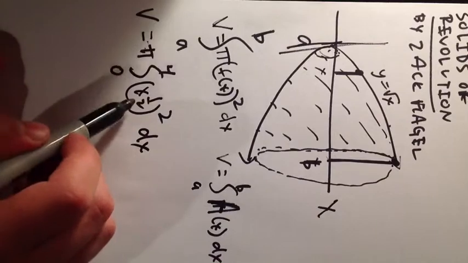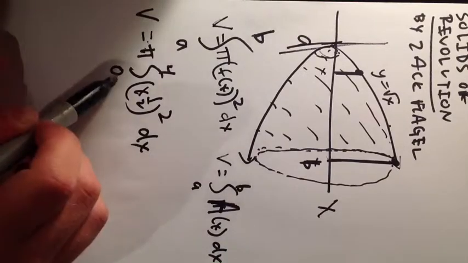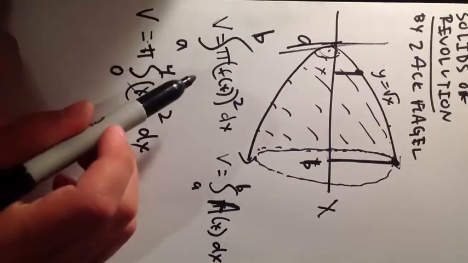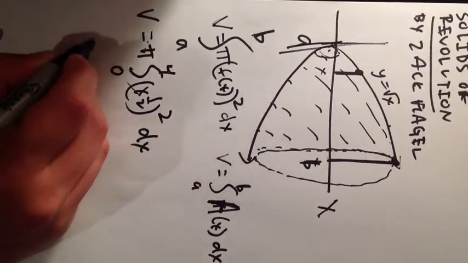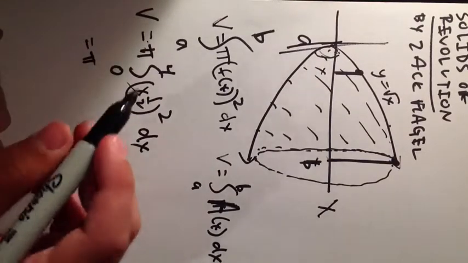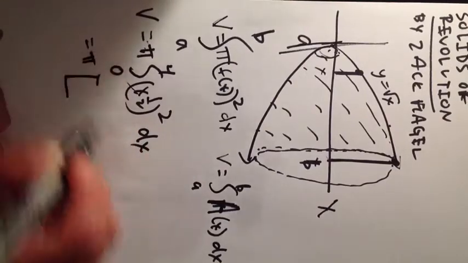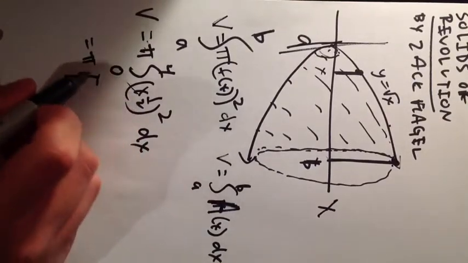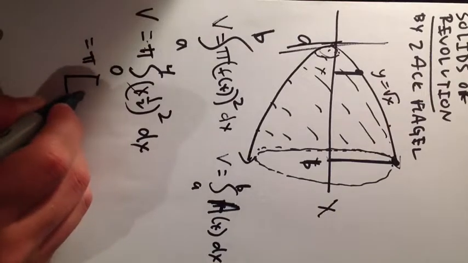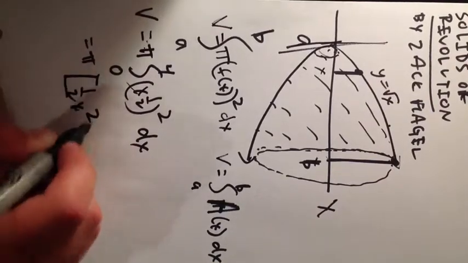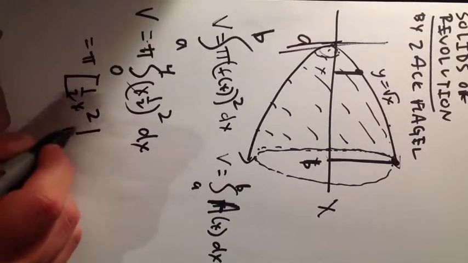So you get pi r squared, and you're taking the definite integral from 0 to 4. This simplifies to x, and when we take the integral of that, we get 1/2 x squared, from 0 to 4.